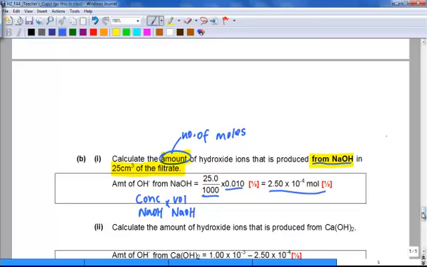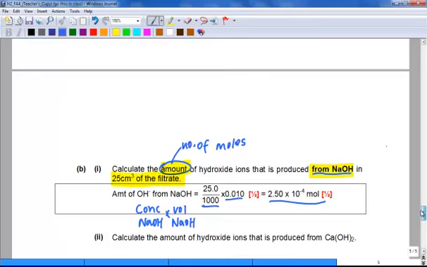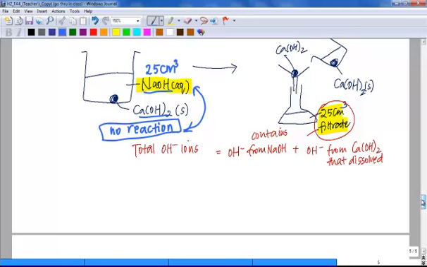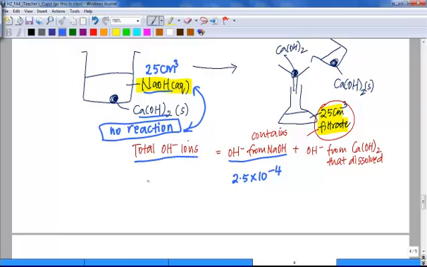Okay, and take note in the diagram, now we fill in some data. OH minus from NaOH will be 2.5 times 10 to the power of minus 4. Okay, and just now we found out total OH minus ions is 1.0 times 10 to the power of minus 3. Okay, take note this is in terms of moles.